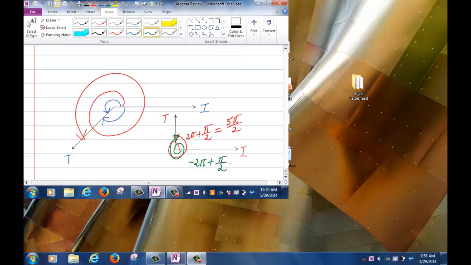You're right, the way I drew it, what I should be saying is I started here, came here, made one complete revolution and then went 3 pi over 2, right? Yeah. So let me delete that and make sure I have a cleaner version here.